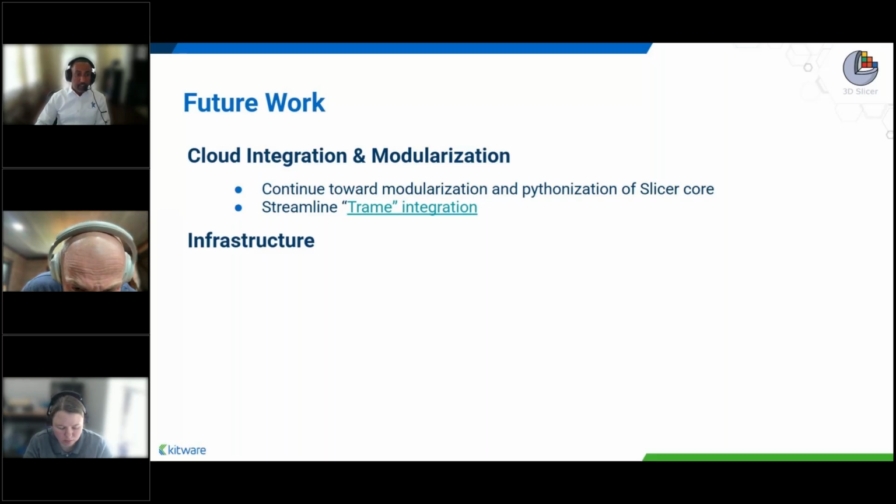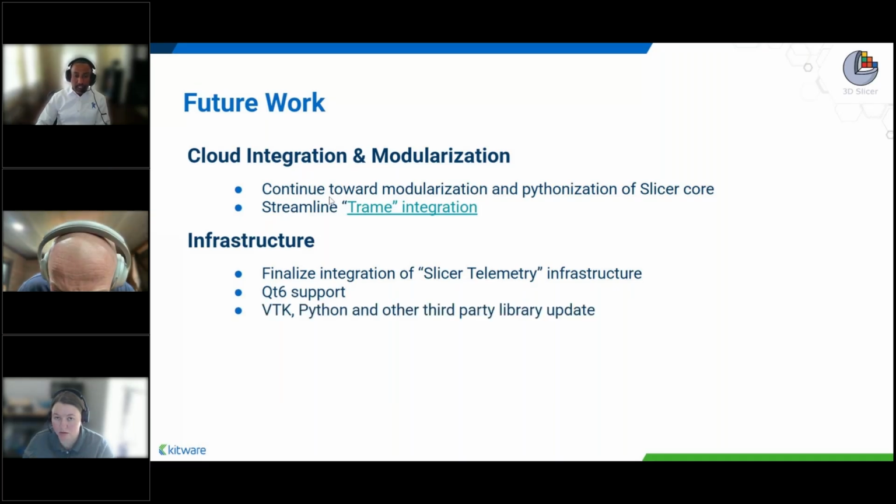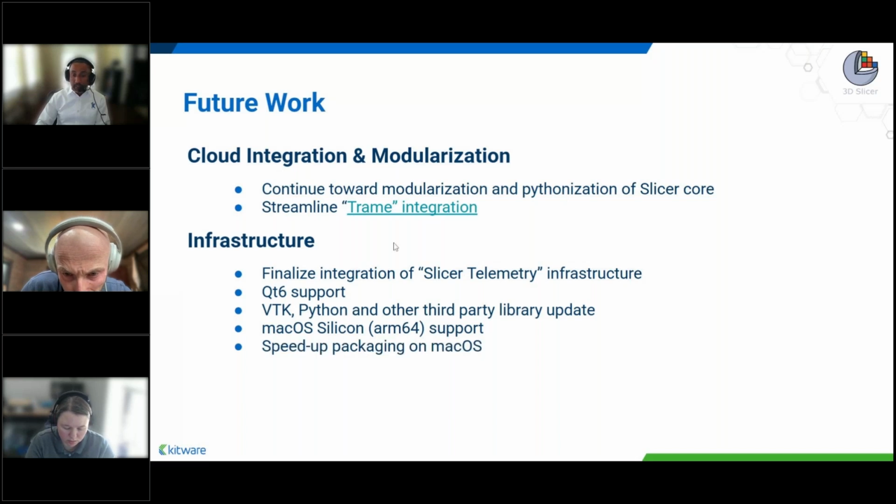Obviously, on the infrastructure side, we will continue adding telemetry support for extension modules, looking into supporting the Qt6 version, and we always continue to update the underlying third-party libraries that 3D Slicer depends on, like VTK, Python, and others, and better support of the Mac OS operating system.